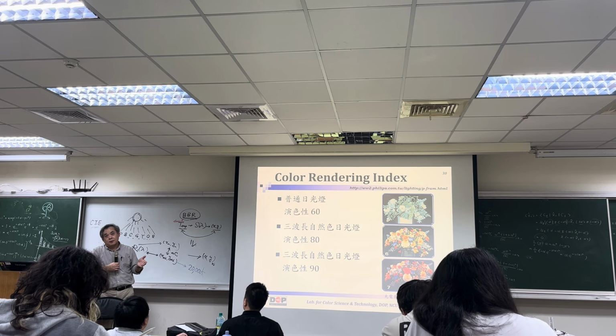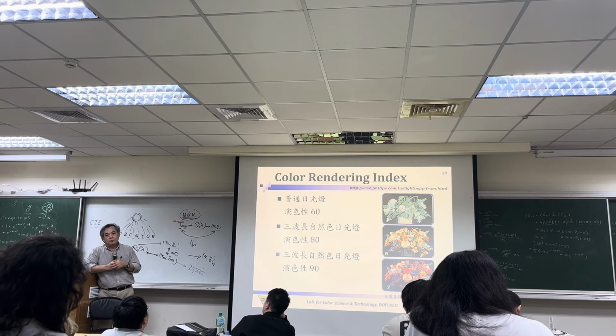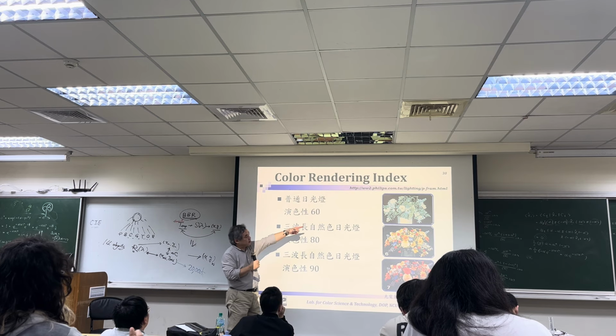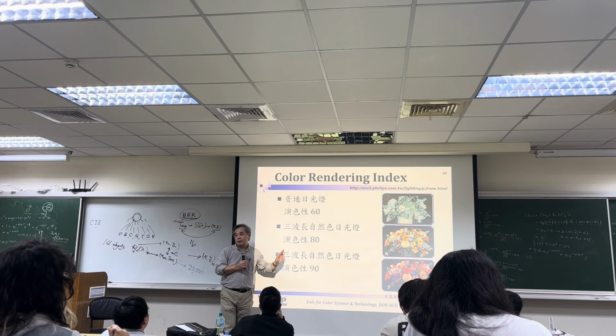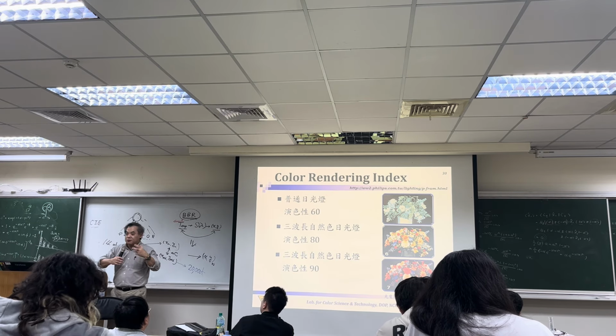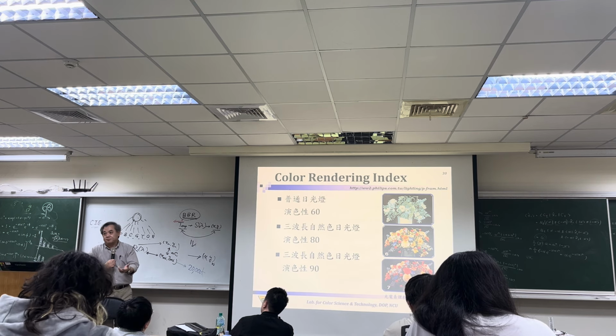Because when people bought this kind of light source back to their home and installed it in the dining room, all the food you cooked looked like this. Better quality, okay? Just light up, you can see the shape, but you cannot see the color.